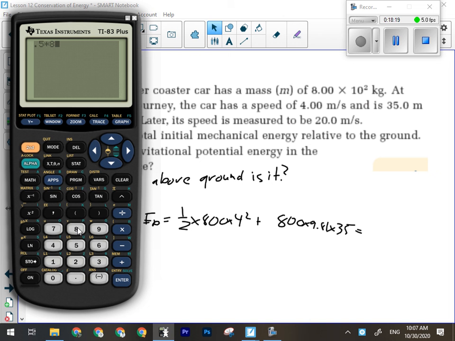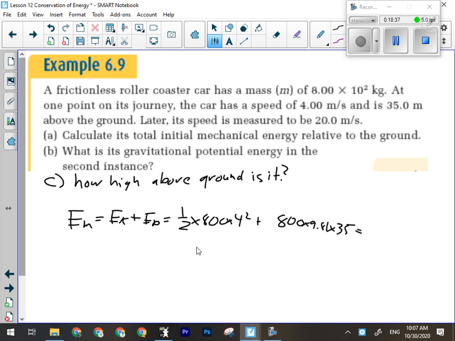So 0.5 times 800 times 16 plus 800 times 9.81 times 35. All right, so there's our initial mechanical energy, 281,080 joules.